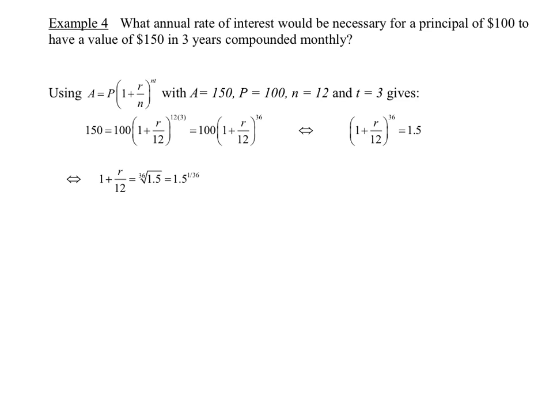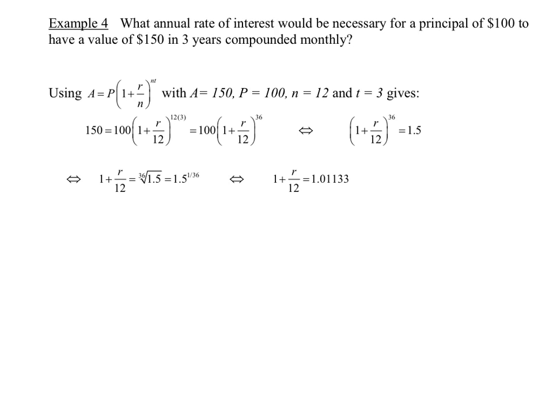However, it's something that we should be able to do. We take the 36th root of 1.5, or think of it as 1.5 to the power of 1 over 36. If you do that, we should get this as our equation.